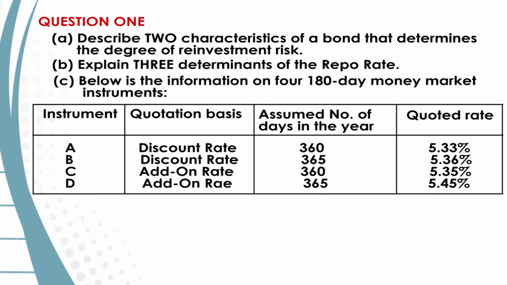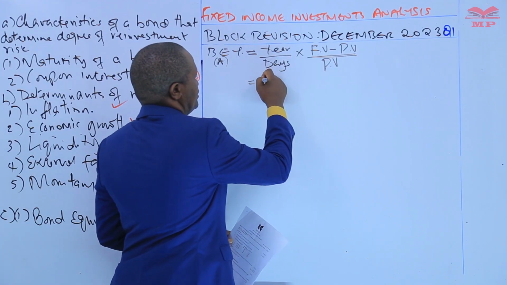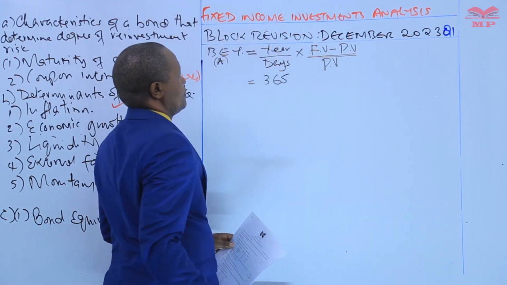We have the assumed number of days in the year, which is 360. But we know a year has 365 days, so for this input we have 365.